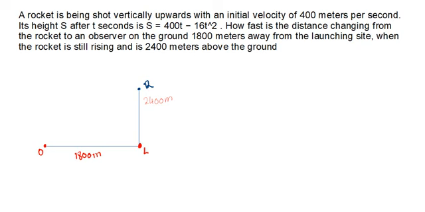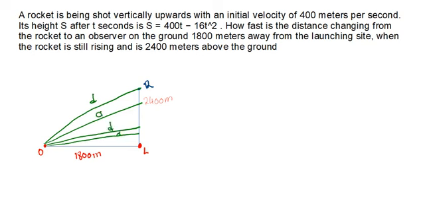As it was going up, it keeps on going up and up. So the distance, indicated as d there, is continuously changing as the rocket is going higher. Of course the observer still maintains the same point, but the distance d keeps on growing.